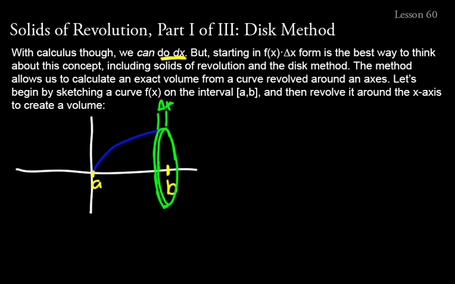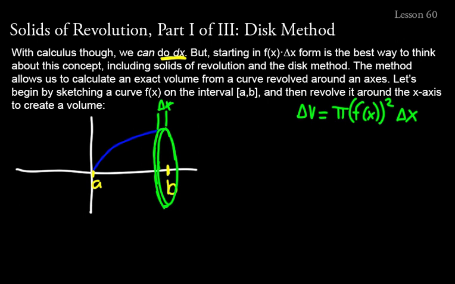And so that little volume that we just made, delta V, is equal to pi times f of x, which is the radius at that spot, pi times f of x squared, pi r squared. We're thinking of the function at b as a radius, f of x squared times delta x. So we have a little mini disk or cylinder there.